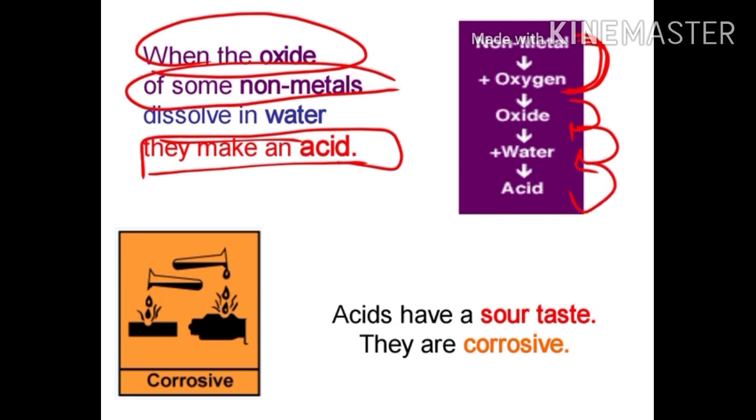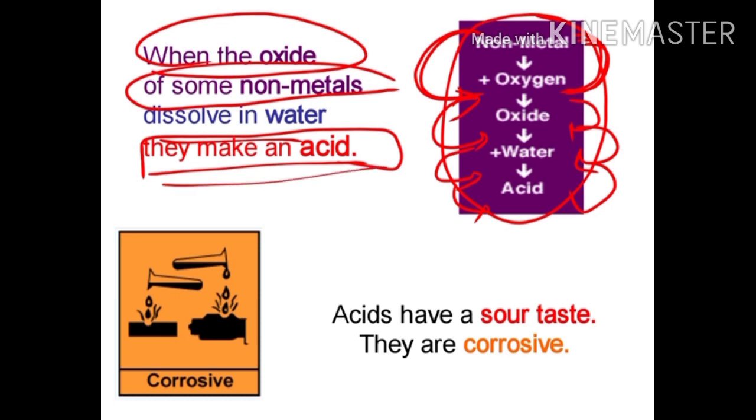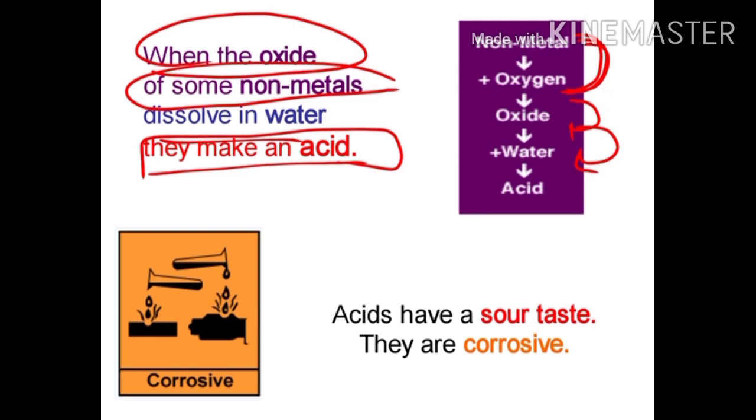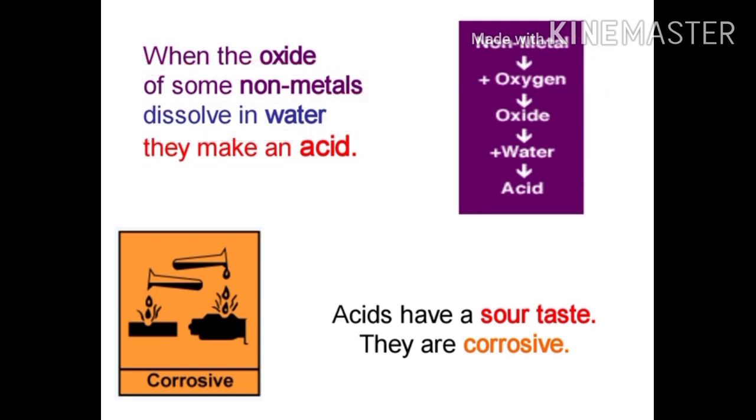So you can see the steps mentioned over here: non-metal reacts with oxygen, undergoes combustion, gives out the non-metal oxide, which is treated with water to give the acid. That is one process to identify the acid. If it is a non-metal oxide, it will be acidic in nature. We have many non-metal oxides, you can see.